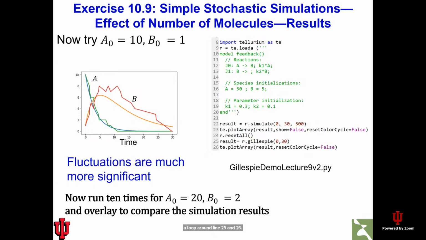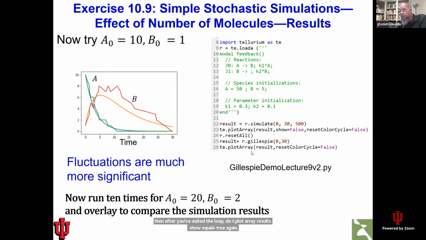Oh, okay. So, but wouldn't it generate a new figure every time in the loop? Well, what you want to do is do a show equals false inside of here. And then after you've exited the loop, do t.plot array results show equals true again. And that'll do it.